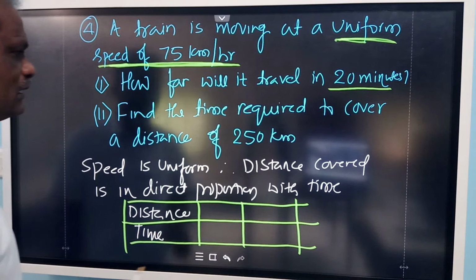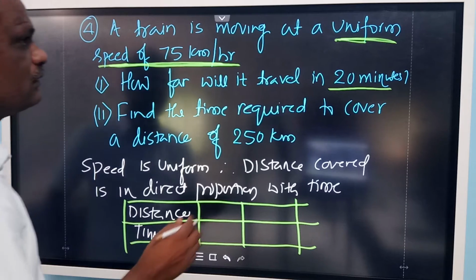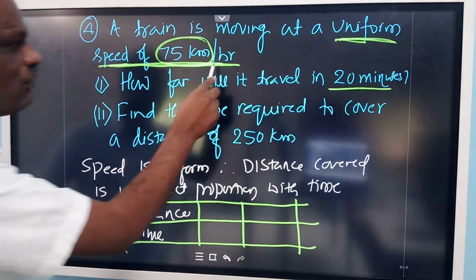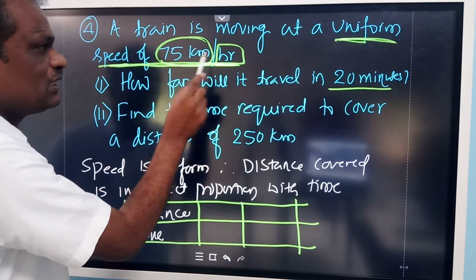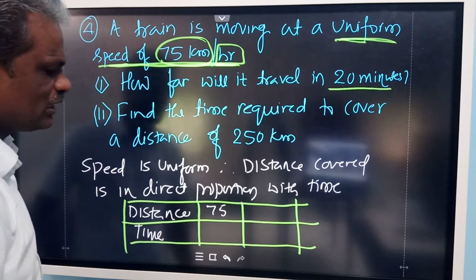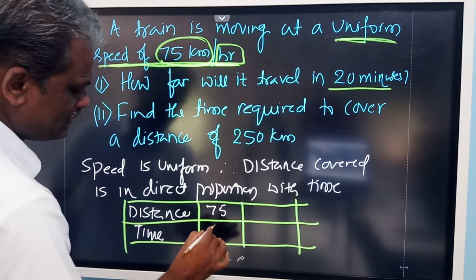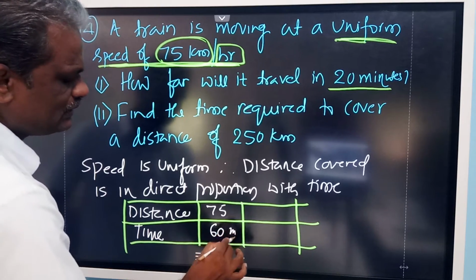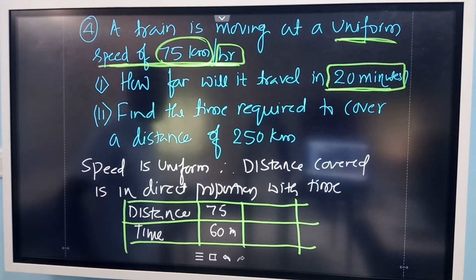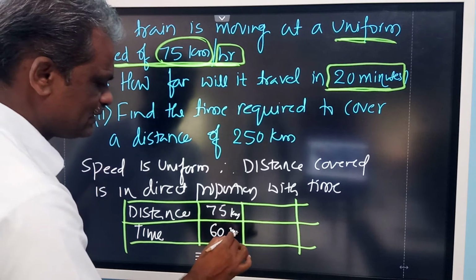How far will it travel in 20 minutes? 75 km will be covered in 1 hour. 75 km per hour means the distance covered is 75 km in 1 hour, which means 60 minutes. Because the question is in minutes, let us convert this into minutes: 75 kilometers in 60 minutes.